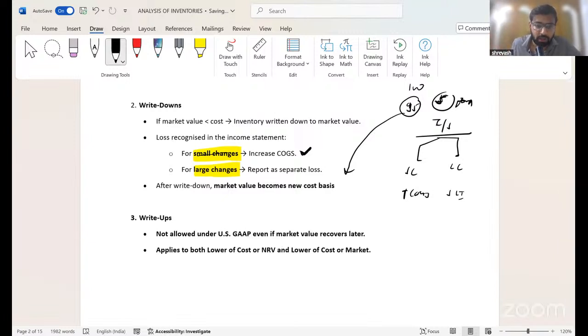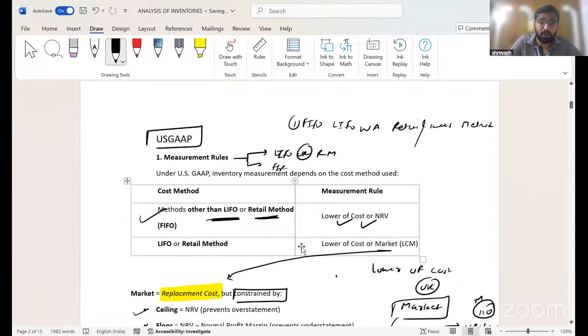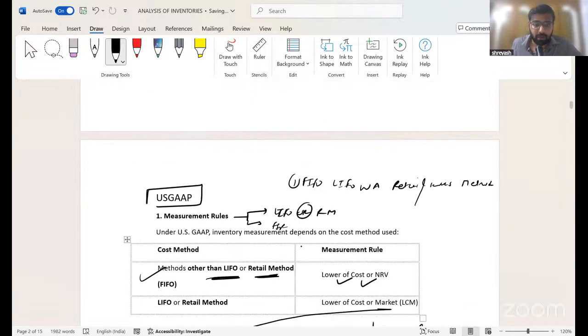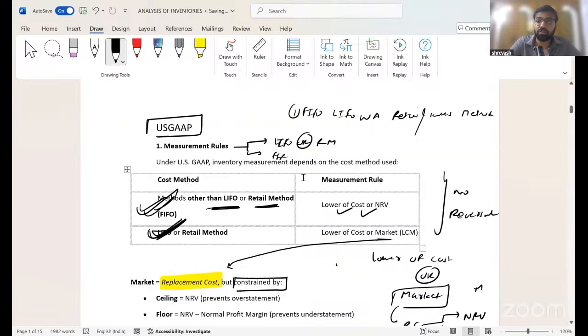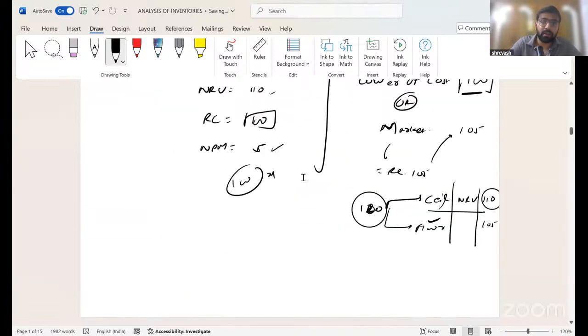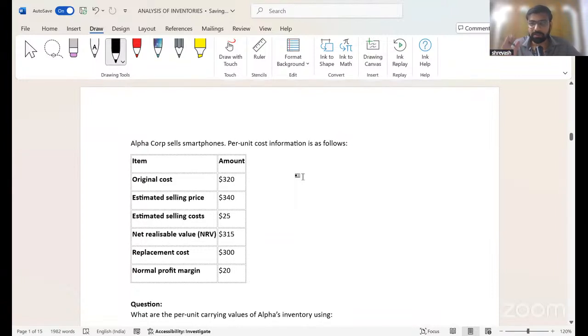It is not allowed. And it applies to both, lower of cost or NRV, whatever method you're following. Wherever you are, no reversal. Okay. So that was your valuation of inventory, a very, very important topic, I feel, from a CFA level 1 standpoint.